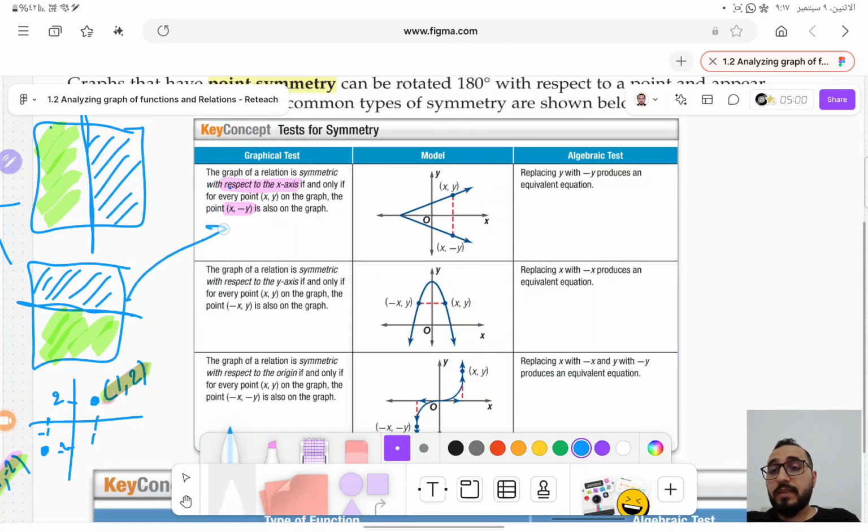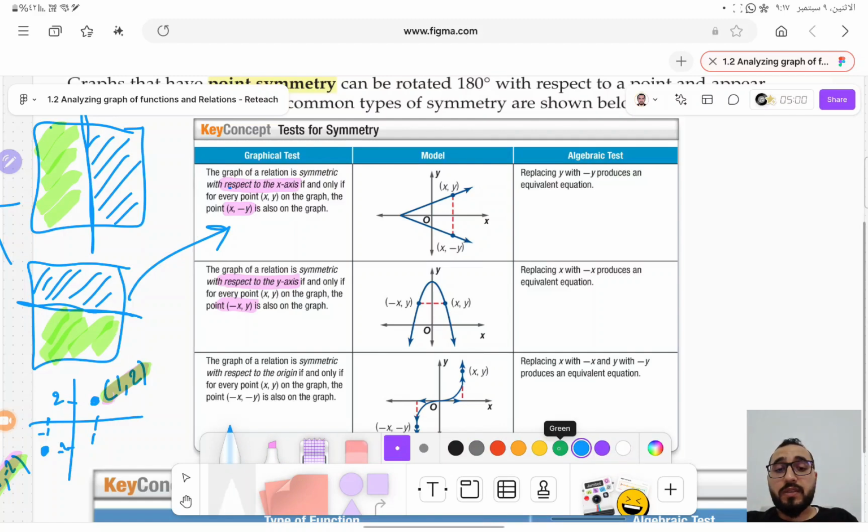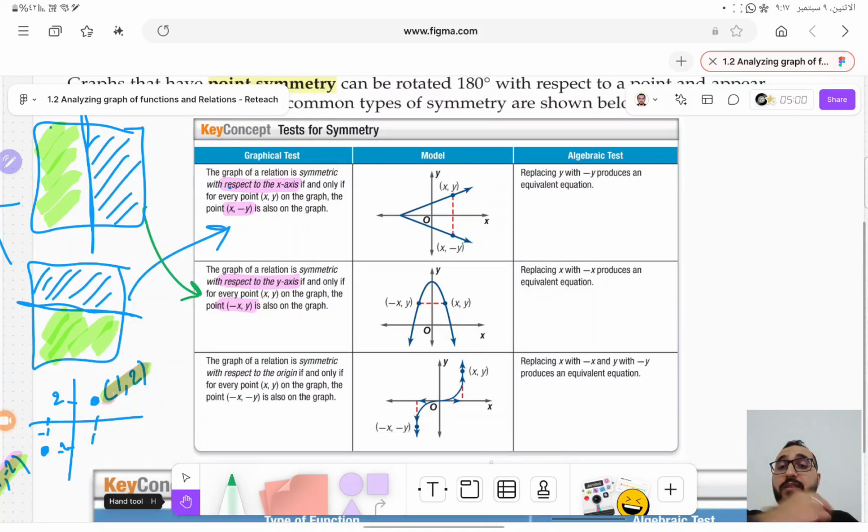Then in the second situation, with respect to the y-axis, the x should be negative and the y should be positive. This is how you can differentiate between symmetry with respect to the x-axis or the y-axis.